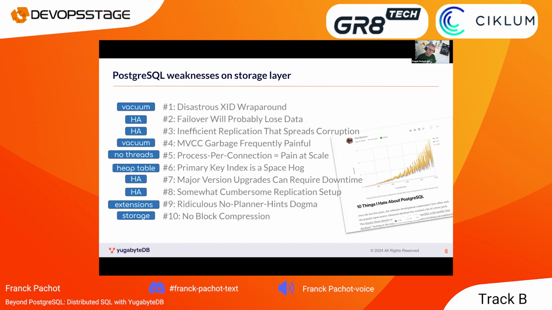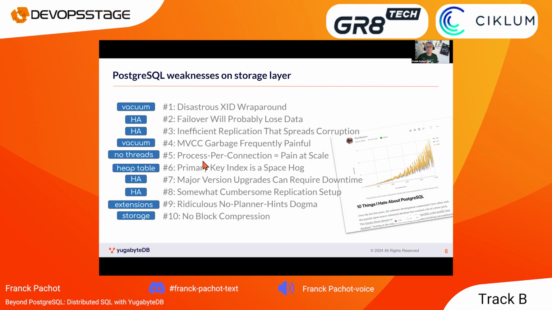But basically, there is another good reason to change the storage of Postgres, solving all those issues, and that's also something that Yugabyte does. First, we added a different storage to distribute it, but also to solve those different problems. We don't have heap tables. We store the table in its primary key. We don't have any vacuum problem. We really do garbage collection for MVCC at a lower level, with SST file compaction.